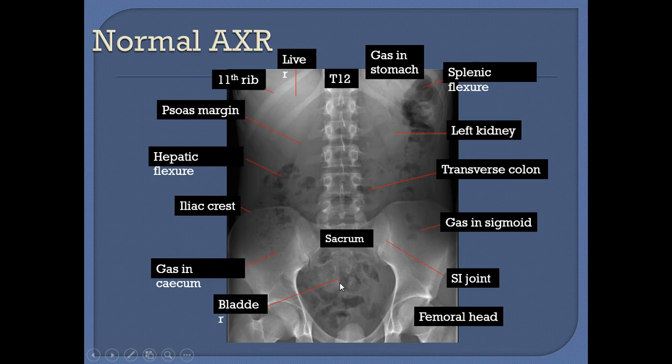There is bladder in the pelvis, sacrum, then femoral head, sacroiliac joint, gas in the sigmoid colon, gas in the transverse colon, the left kidney shadow, and the splenic flexure. This is gas in the stomach in the right upper quadrant.